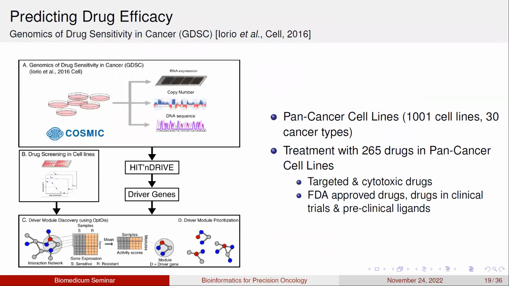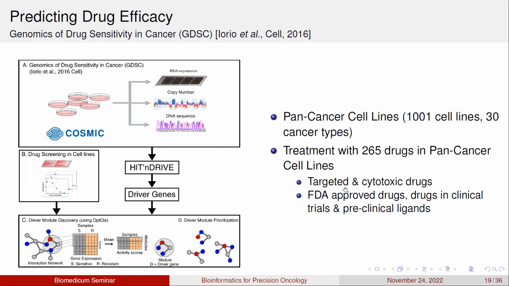And further, we also wanted to test the efficacy of individual cancer drugs. We found a data set from a paper published in Cell in 2016. They had profiled about 1,001 cancer cell lines from 30 different cancer types, and all these cancer cells were treated with 265 different drugs.